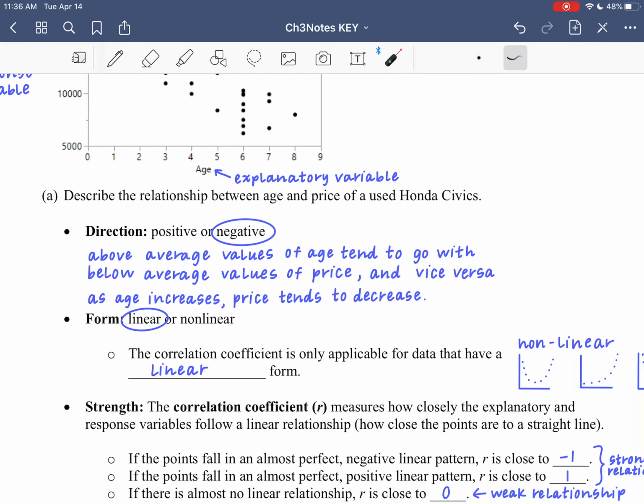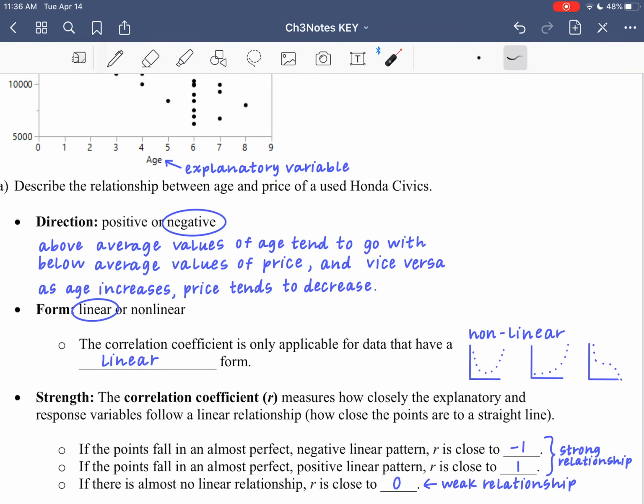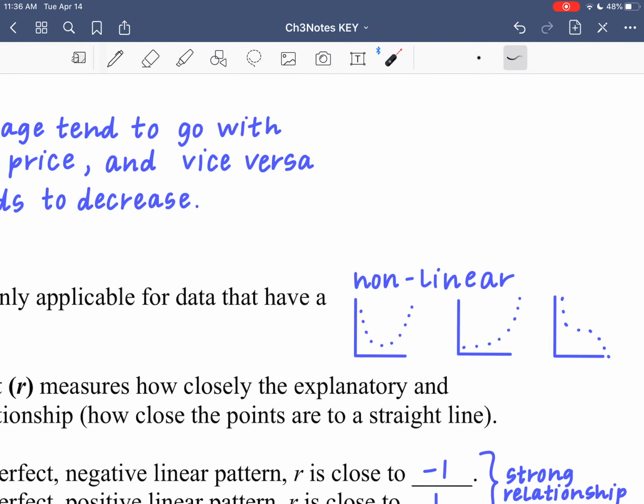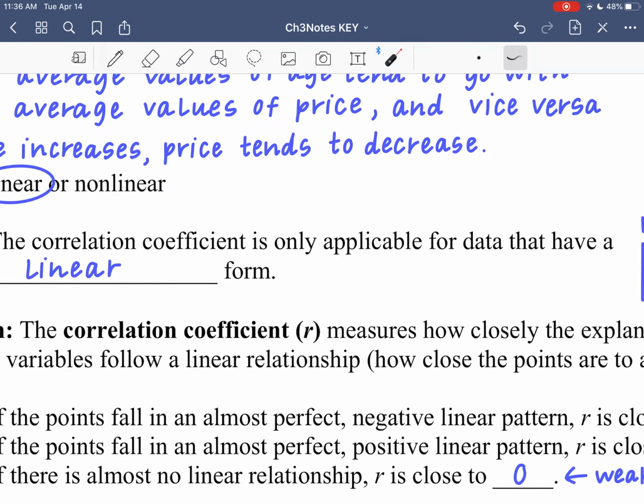But right now, for the purposes of our course, we just want to note, is the relationship linear or is the relationship nonlinear? I did draw a few examples over here of nonlinear relationships. This looks something like a quadratic, this might look like an exponential, this one might look like a cubic function. We don't need to specify between any of those. We just need to identify the relationship as either linear or nonlinear.